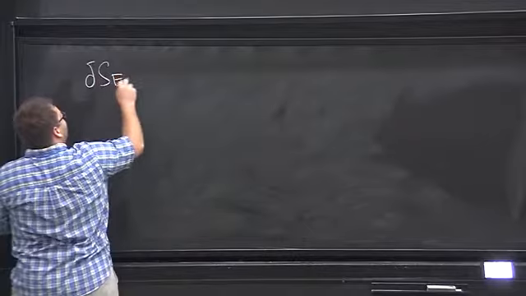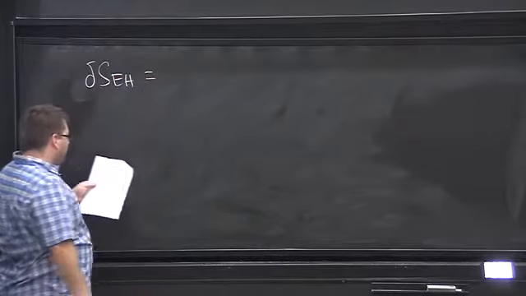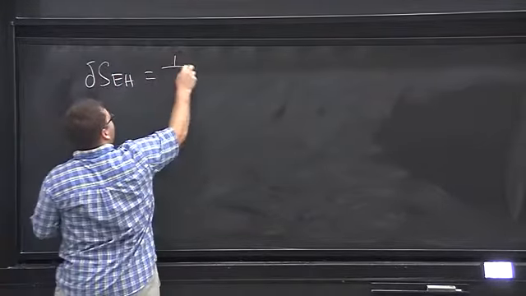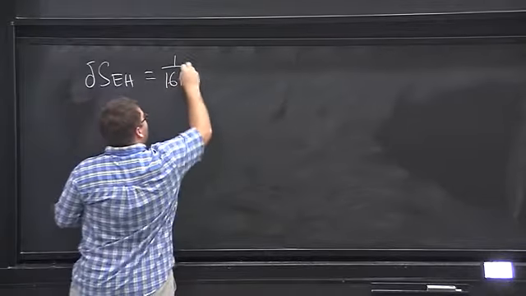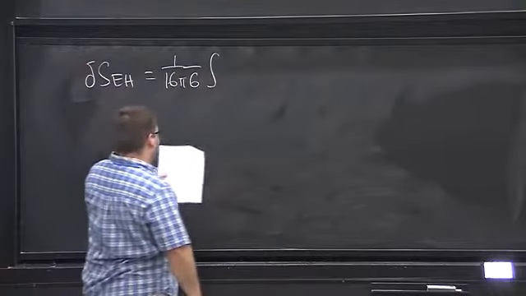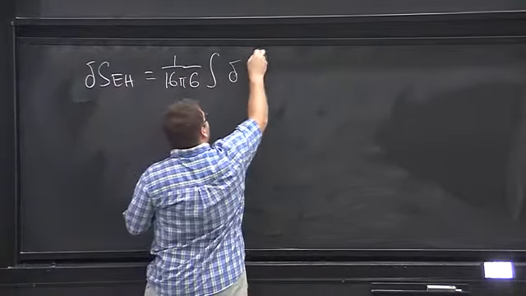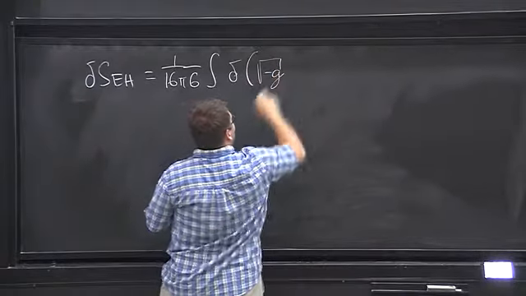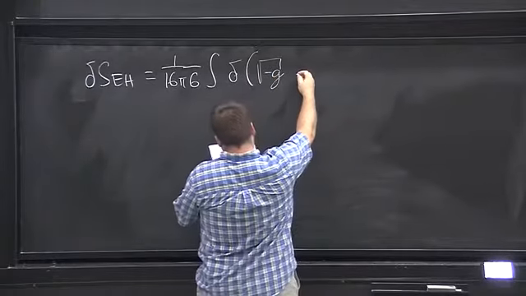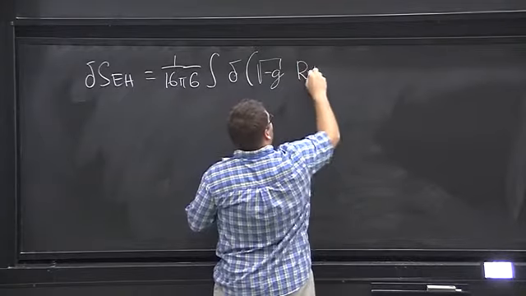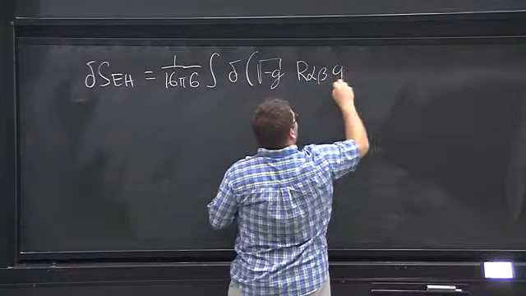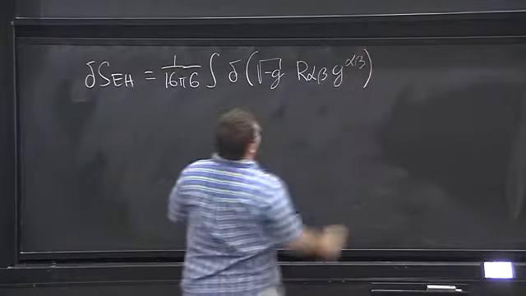So let's do it. Delta S Einstein-Hilbert is 1/16 pi G, and then you have to vary these terms: the square root of minus g, R alpha beta, and g alpha beta.